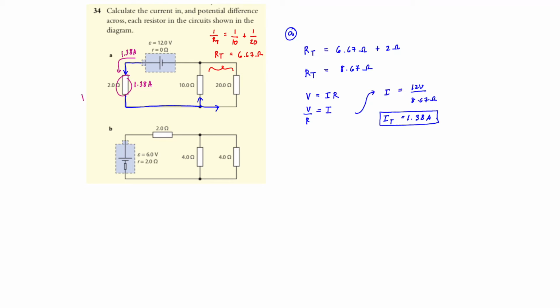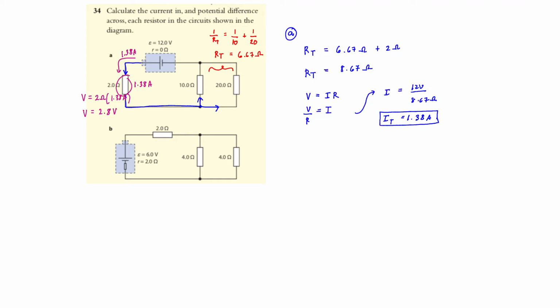And so the value of voltage is 2 ohms multiplied by 1.38 amperes. So 2 times 1.38 would be 2.76 or 2.77, so this one is about 2.8 volts.